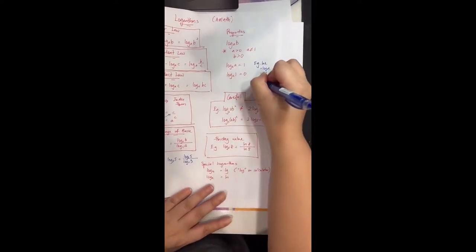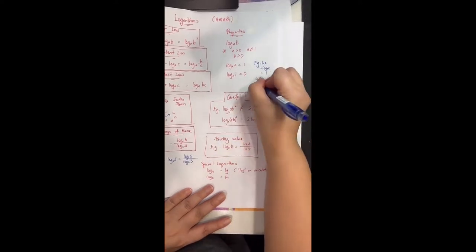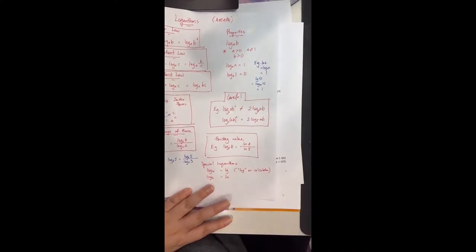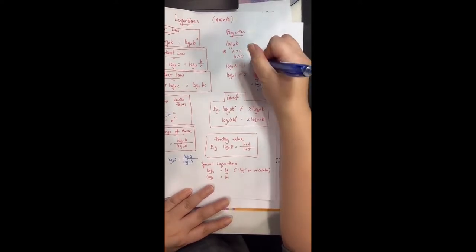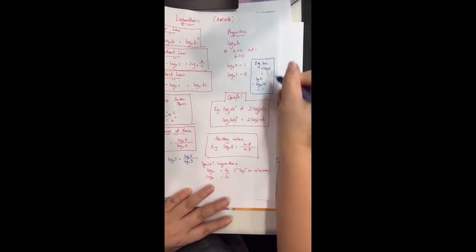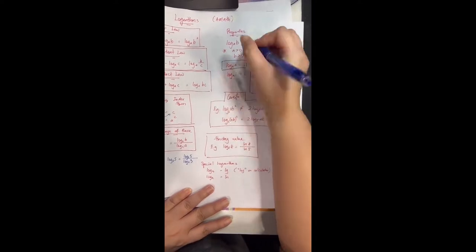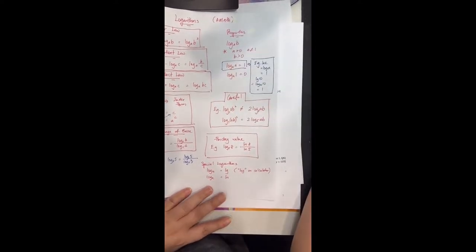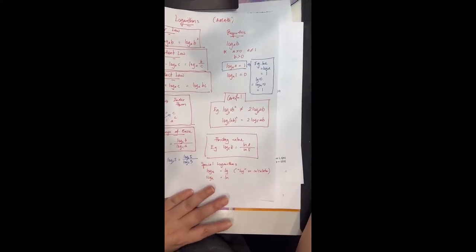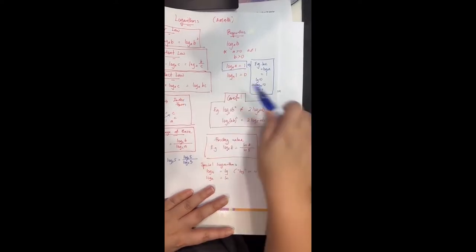Same, if I say log 10, if I reveal the base, it is log 10 10, so it also equals 1. So log 2 2 is 1, log 5 5 is 1. Then log a 1: as long as this number is 1, it gives you 0.